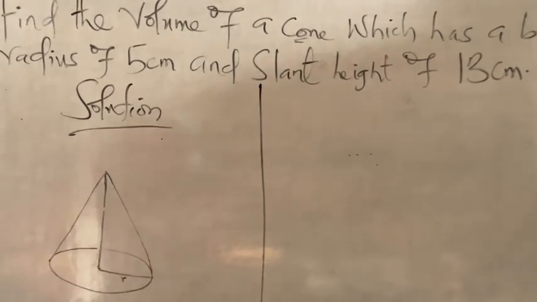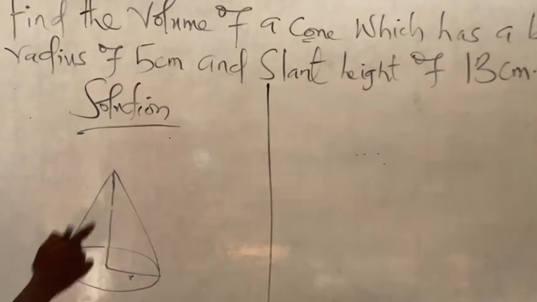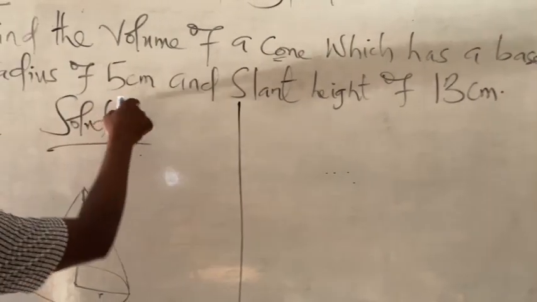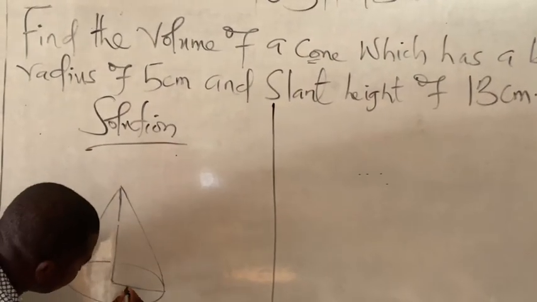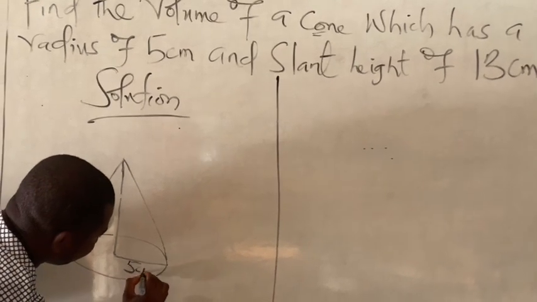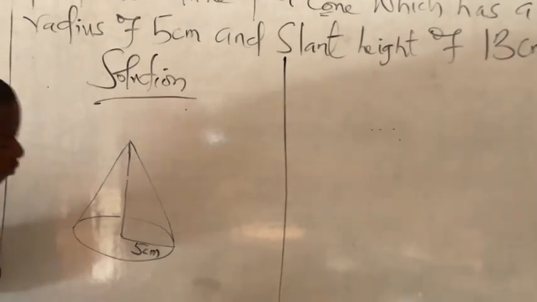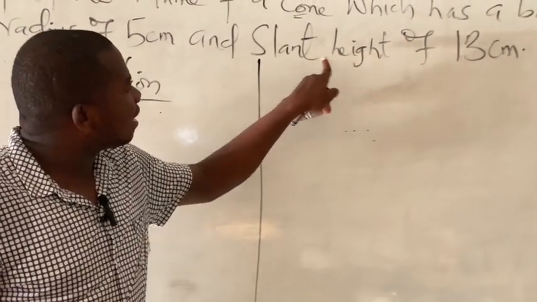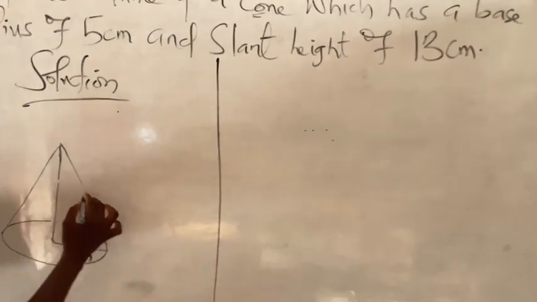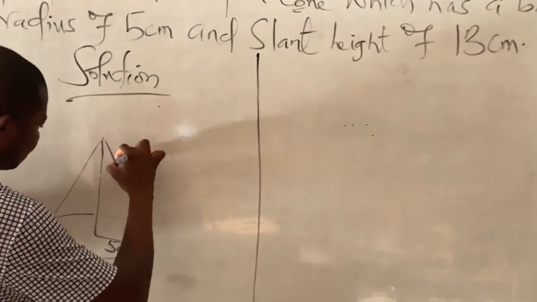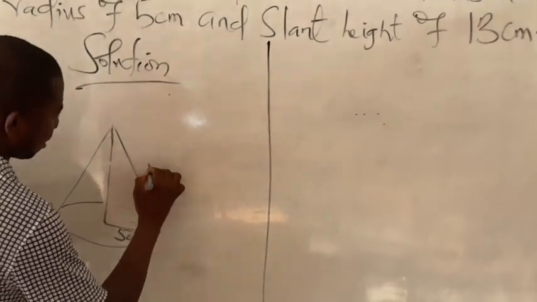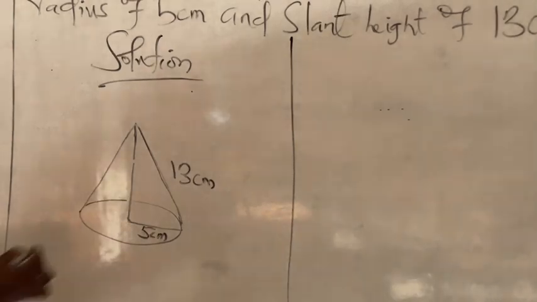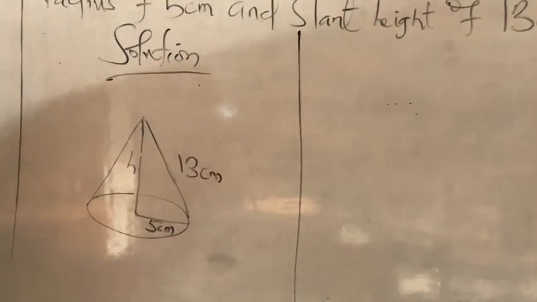So by virtue of this, the question says find the volume of a cone which has a base radius of 5 centimeter. This is our radius, meaning that this place will be 5 centimeter. And slant height of 13 centimeter, meaning that this place is our 13 centimeter. That is the slant height. This is the height of the cone.